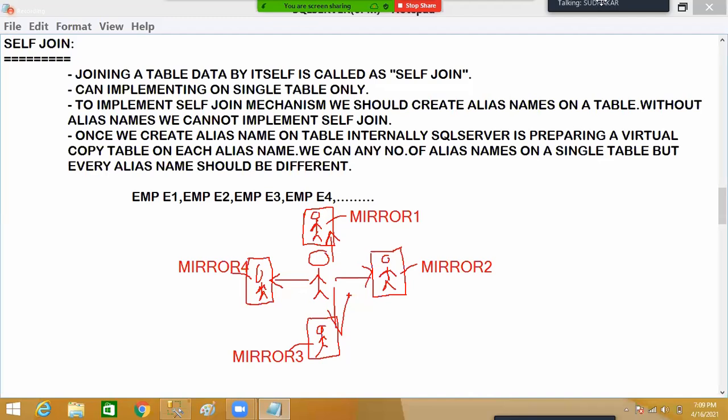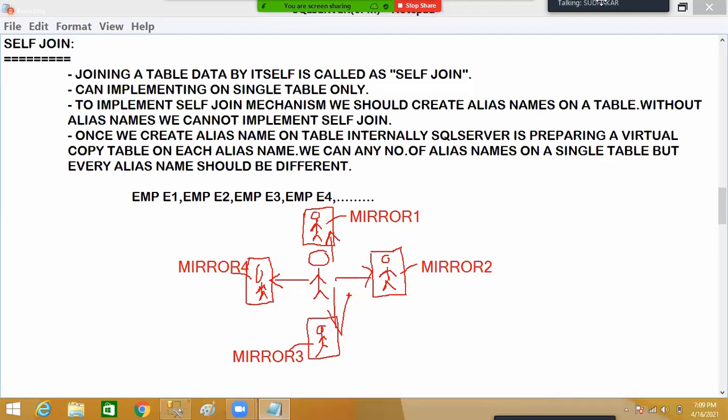But it is not 4 persons. These are not 4 persons, they are only one person. That one person's image is reflected 4 times because 4 mirrors are there. I think the concept is understood now? Yes.